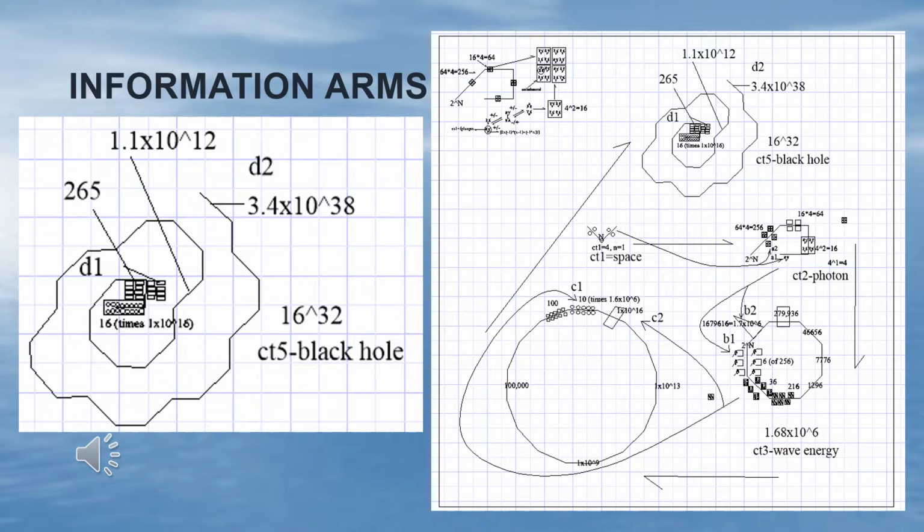The drawing on the right shows how these states build in terms of the amount of information in each one, and the drawing on the left shows the black hole information arm, that is 3.4 times 10 to the 38 neutrons. This can also be referred to as 16 to the 32nd units of CT4 neutrons.